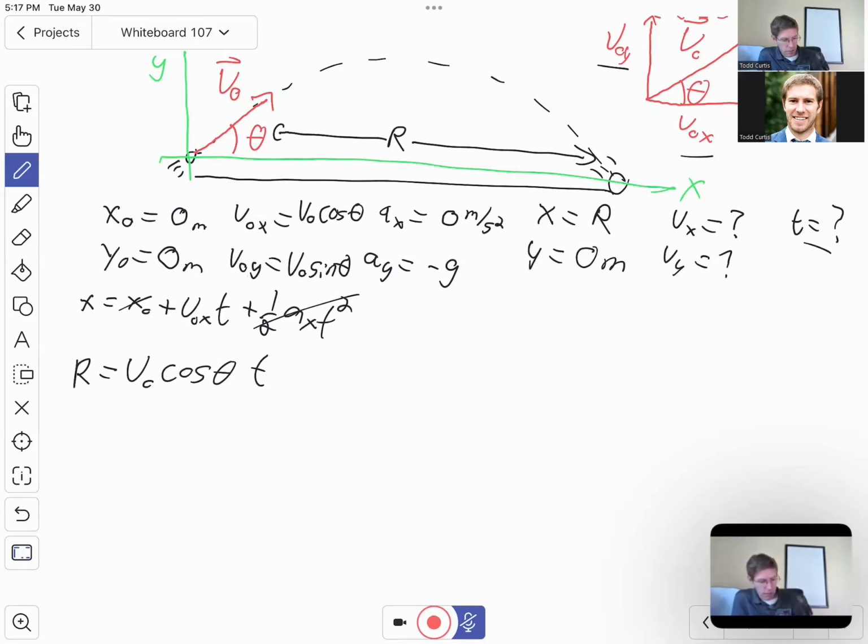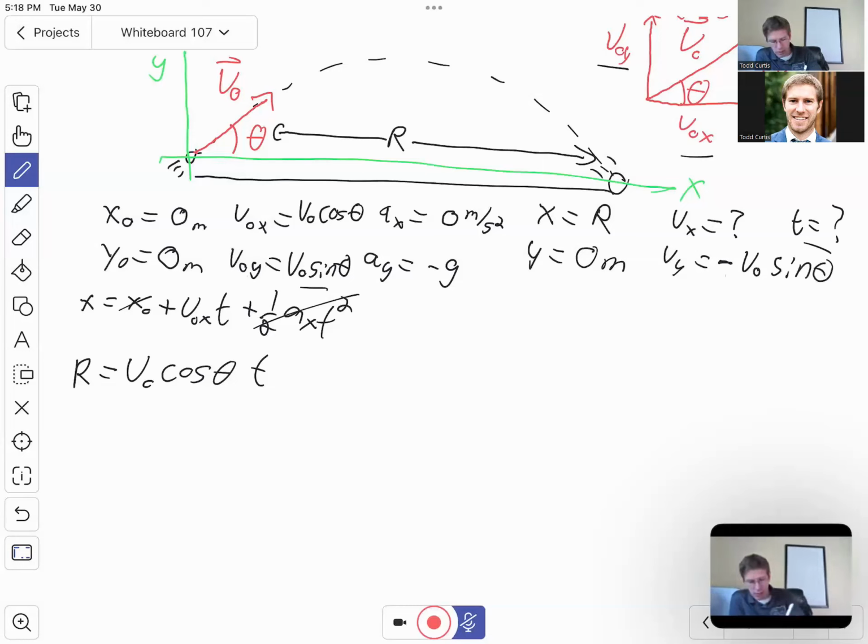So to find the time, you actually have a couple different ways you can go about finding it. What I find to be the easiest is to determine that since it's starting and ending at the exact same height, due to symmetry, if my initial y velocity is v initial sine theta, then my final velocity is going to be equal in magnitude, but opposite in direction. So it's just going to be negative v initial sine theta.